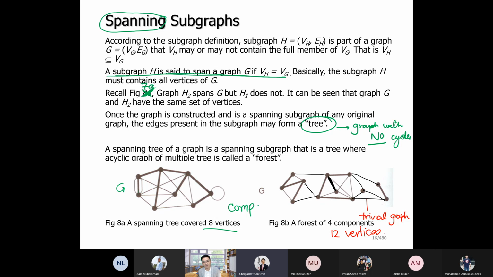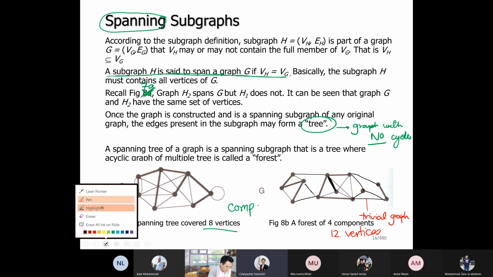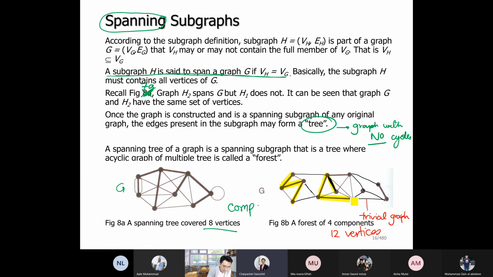Let's say this is the original graph, and I select this one. Like this. This is a spanning subgraph of the original graph, because it covers all the nodes of the original graph, though it might not be one single component.